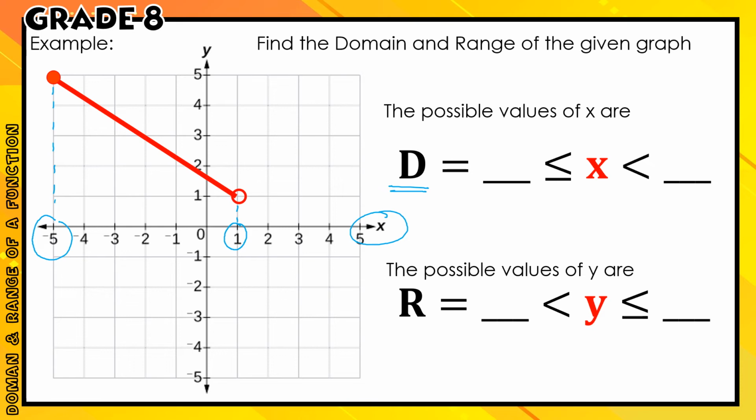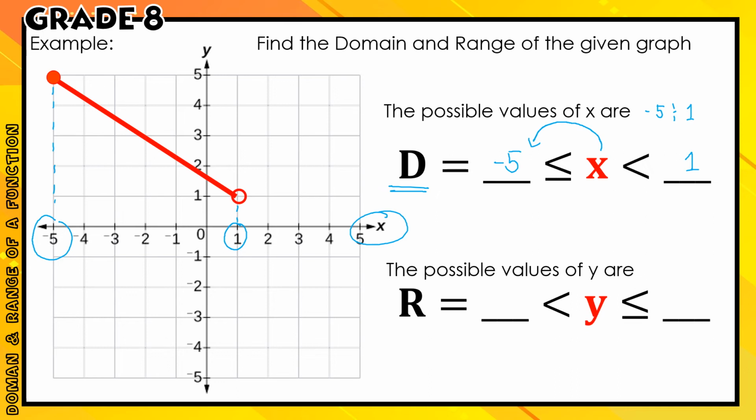So the possible values of x are negative 5 and positive 1. So in this case, mas mababa si negative 5. So nandiyan siya sa unahan. Then followed by positive 1. Sabi nga dito, if we're going to read the domain, x is greater than or equal to negative 5.